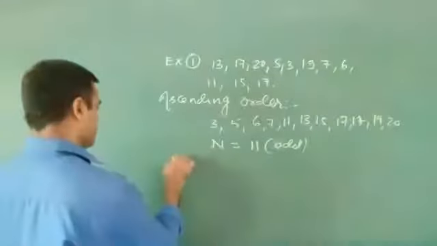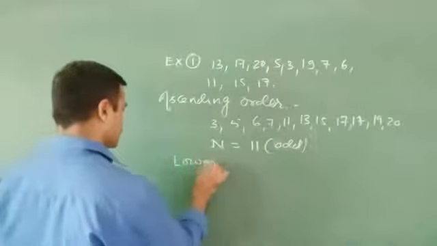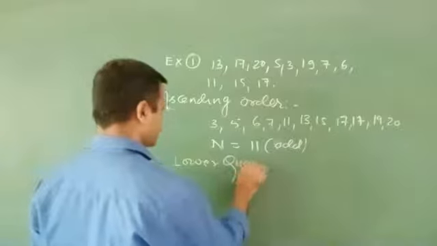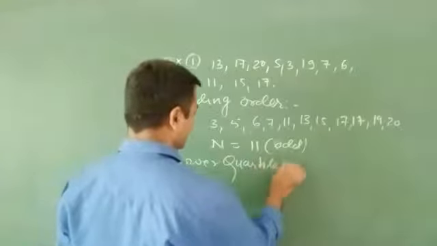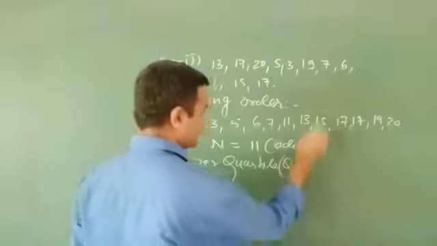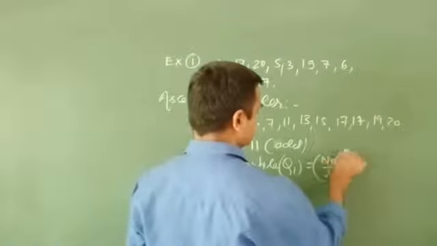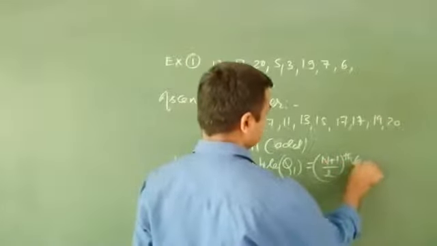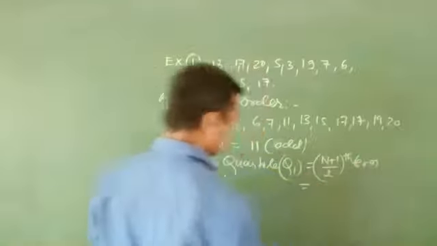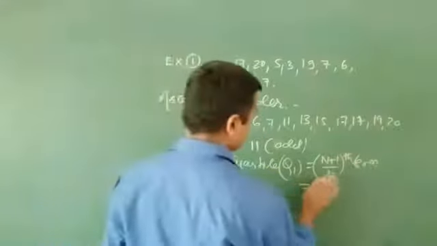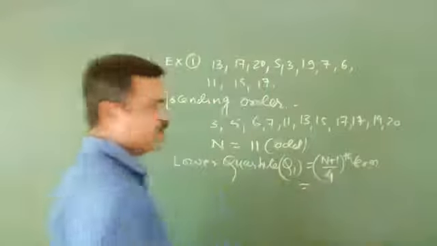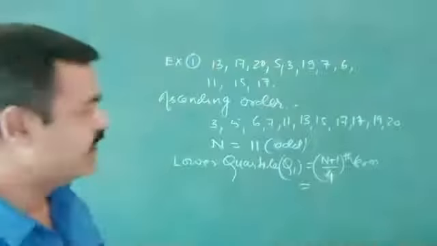Then lower quartile, what is known as Q1 equal n plus 1 divided by 4th term.